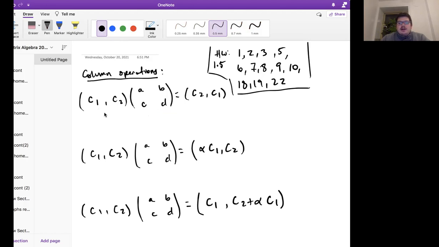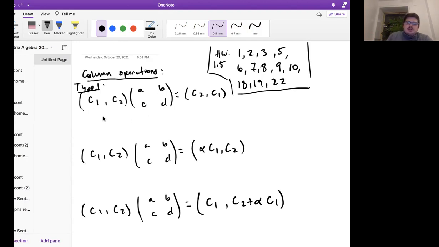So for the first one, let's find A, B, C, D such that it flip-flops C1 and C2. So those are like columns. So what should A, B, C, D be? If you know your row swap matrix, you should be able to do this one.